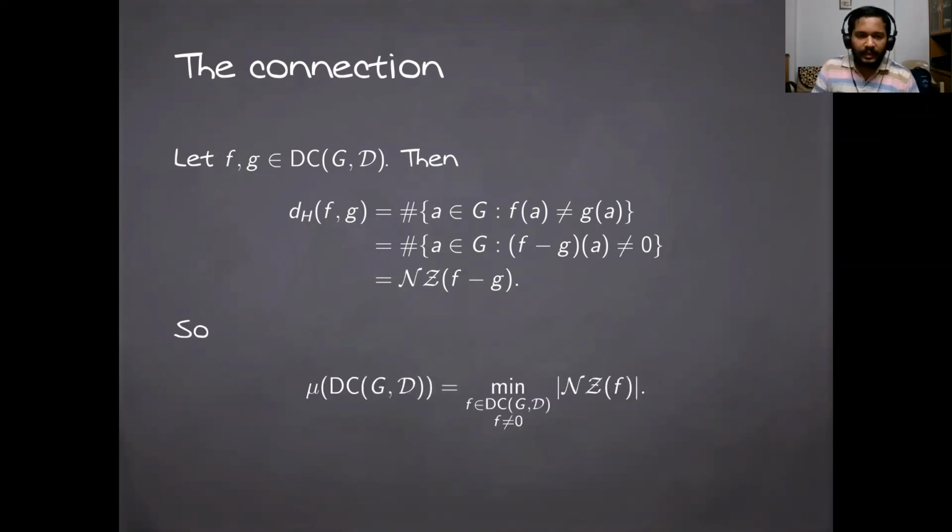So what is that? The minimum distance among any two code words is exactly equal to the minimum size of any non-zero set corresponding to the non-zero polynomials in that space. And that's the connection with polynomials. So now in order to know the minimum distance exactly, what we need to know is how small the non-zero set of any polynomial in that subspace can be.